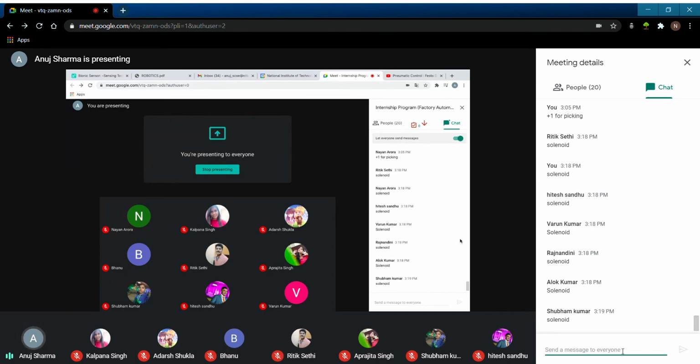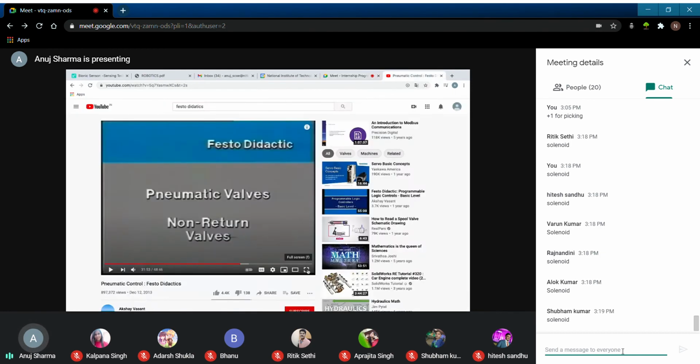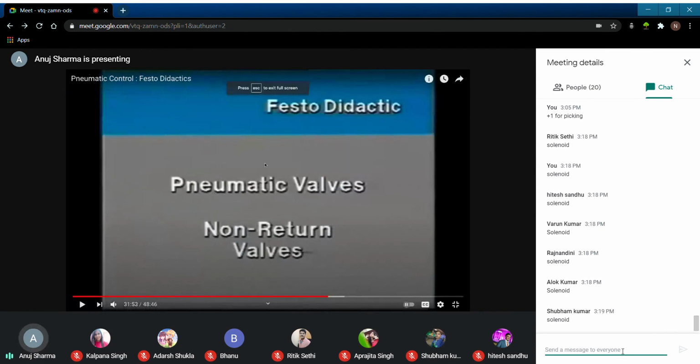So this is the line of control by which it gets controlled. But still you need to understand what pneumatic valves are.